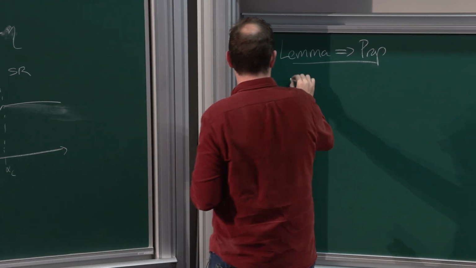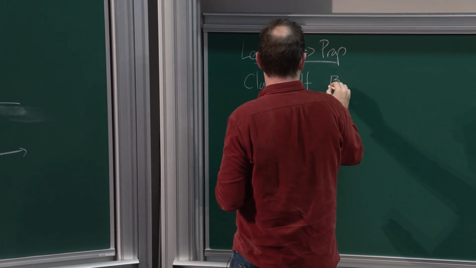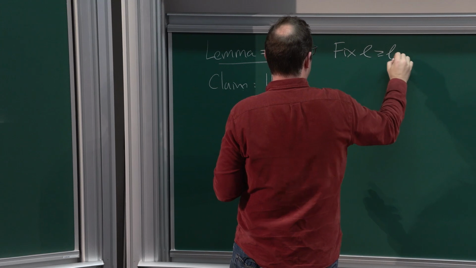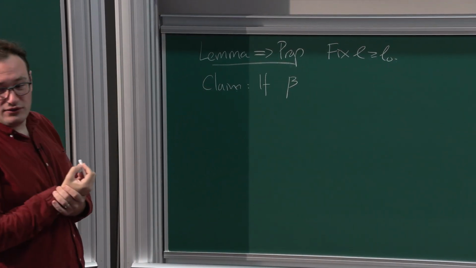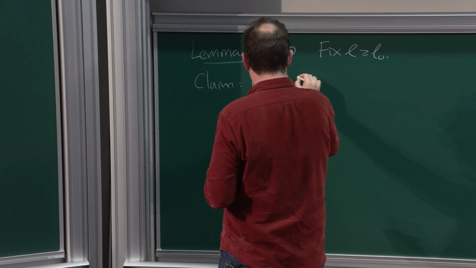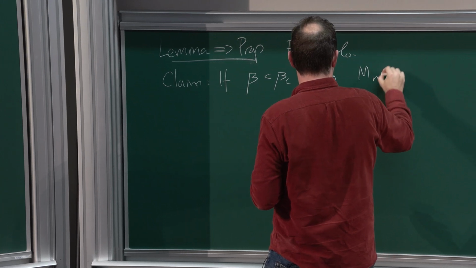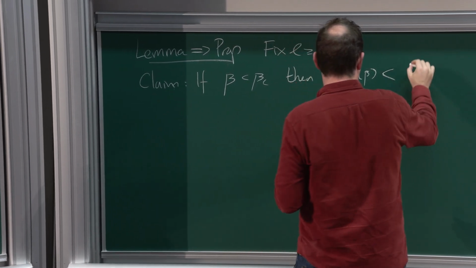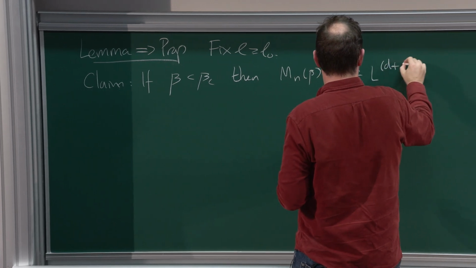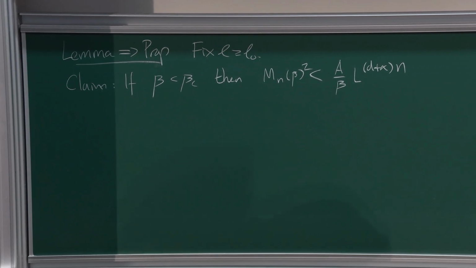So the claim is that if beta, first I'll just fix one choice of L, at least L naught. The claim is that if beta is less than beta_c, then M_n of beta is strictly less than A over beta L to the d plus alpha, squared, for all n.